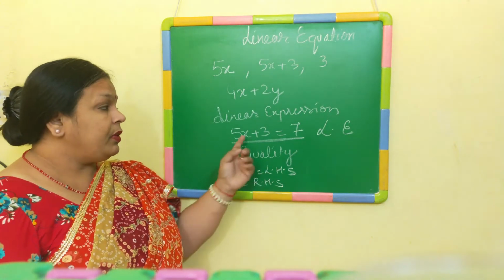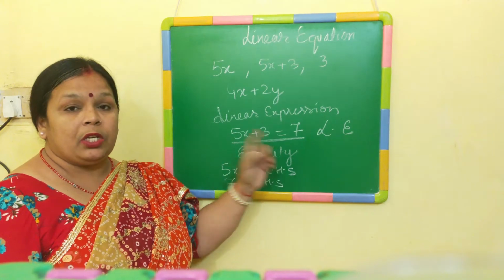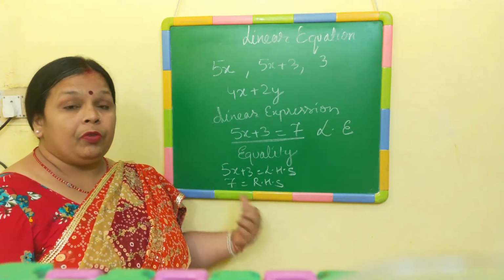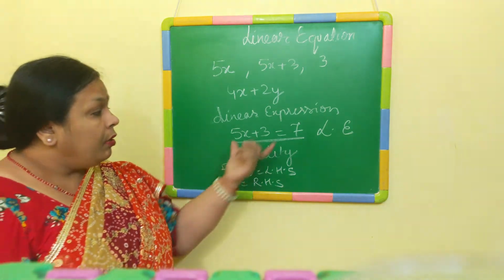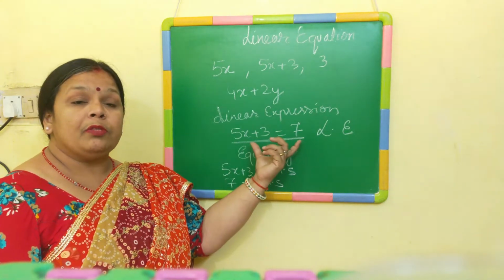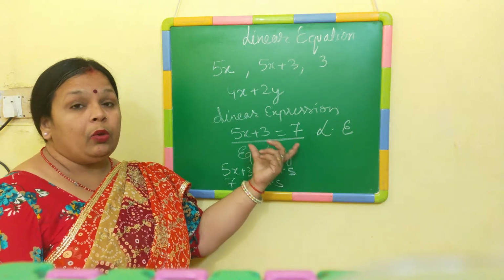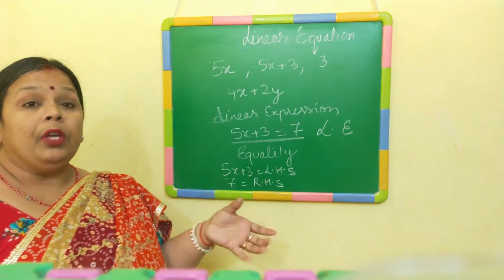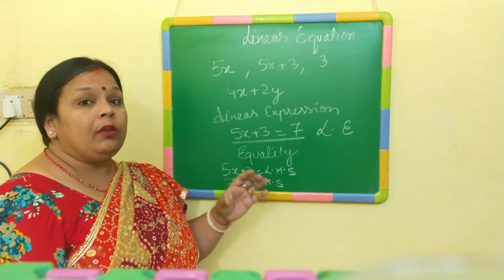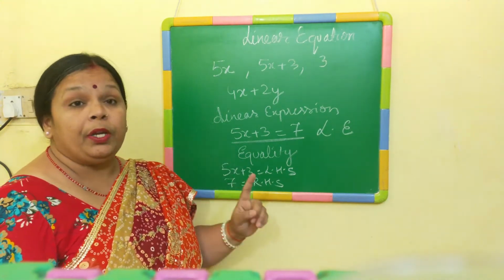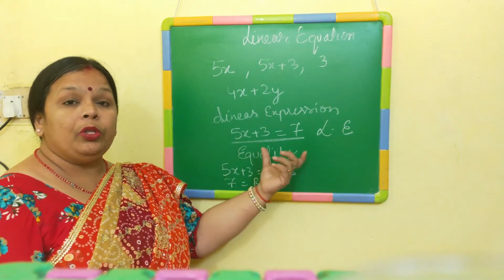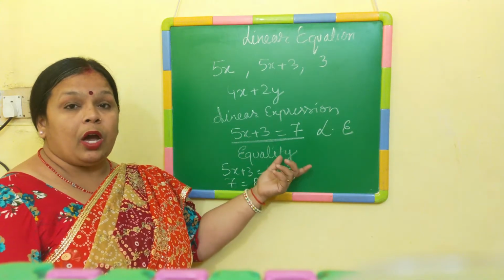See, in this case, it's given 5x plus 3 is equal to 7. We may have a few questions, which we will take up in the examples, where both the LHS and RHS may have variables. Now, they don't come directly to a constant value. There, we manipulate things and get the answer for one particular value, where the equation is satisfied on both sides, that is LHS is equal to RHS.